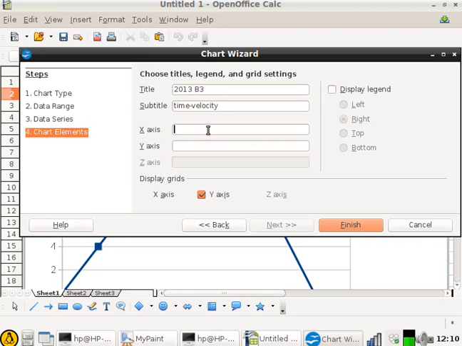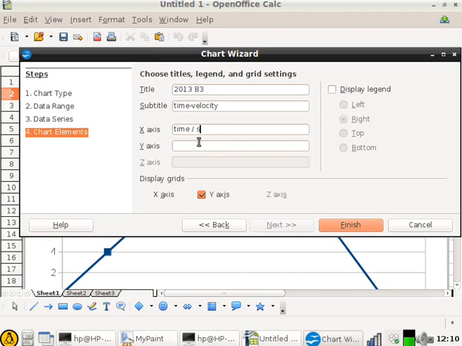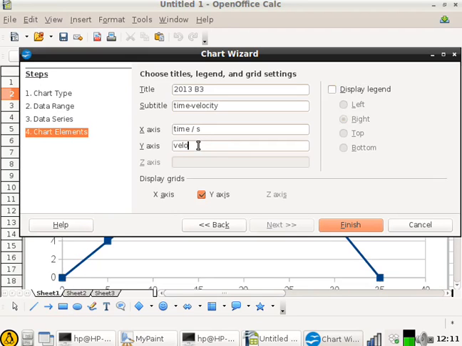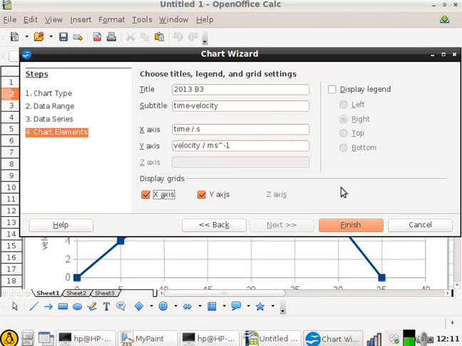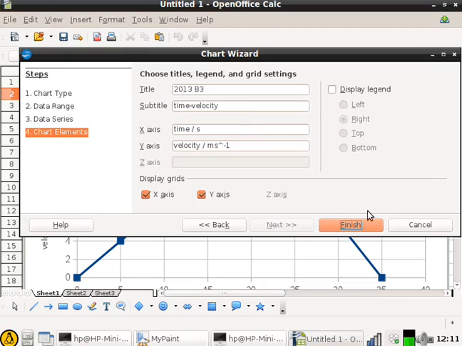On the x-axis is time in seconds. On the y-axis is velocity in meters per second. This is the 2013 paper.